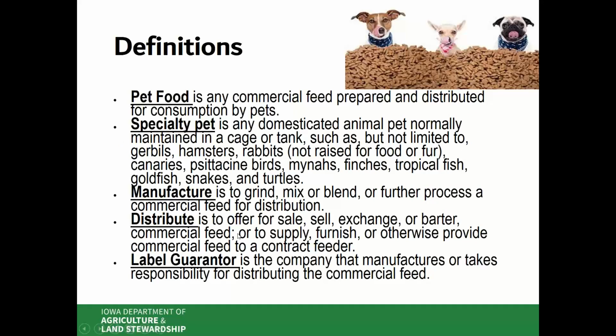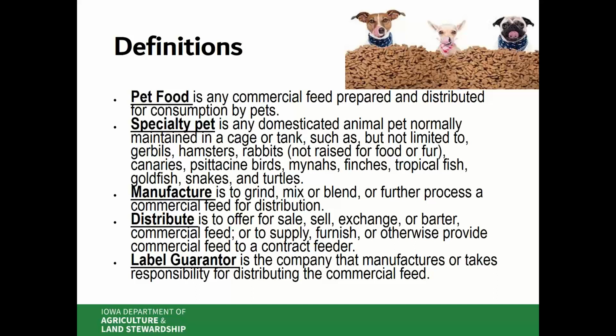So the definitions for these ones: pet food, any commercial feed prepared for dogs and cats. Specialty pets is any domesticated animal that normally is maintained in a cage. So your gerbils, rabbits, birds, turtles, reptiles, and fish.